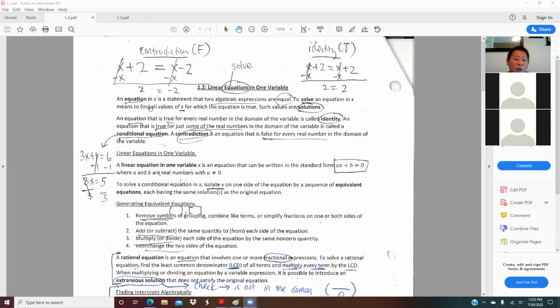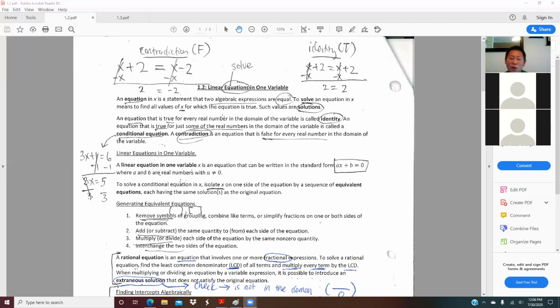So an equation is where you have two algebraic expressions, and then you have an equal sign, you know, in the middle there. And usually when you have an equation, we always solve the equations. That means you find what is the x value in this case, and that is what we call a solution. Equations can be very tricky.